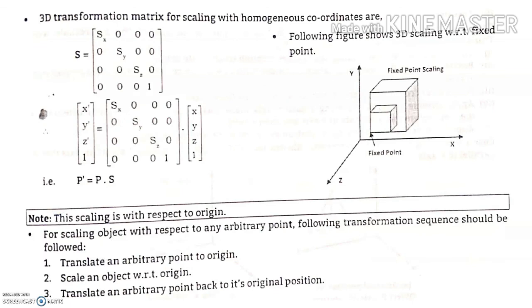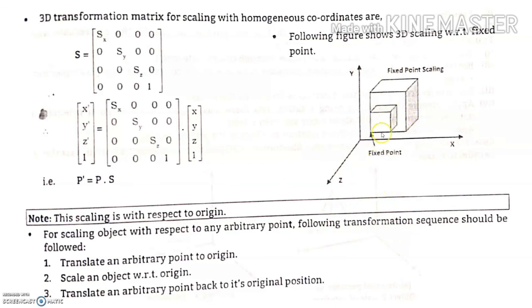Then we will see the 3D transformation matrix for scaling with homogeneous coordinates. In this equation, P dash equals P dot S. P dash is the particular point after scaling. You can see this figure: the following figure shows 3D scaling with respect to a fixed point.